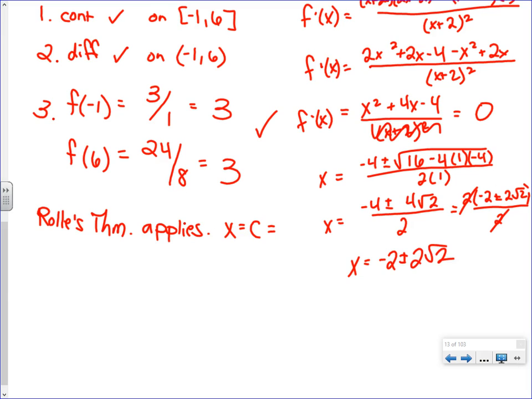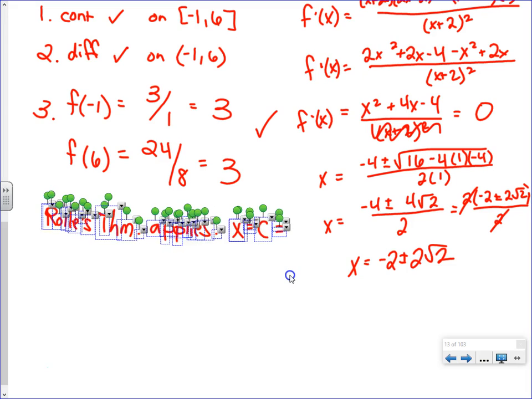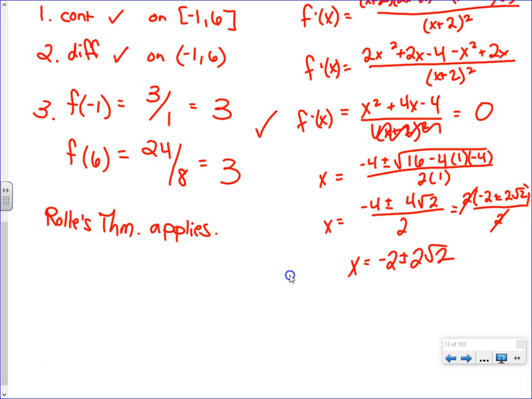Box it. Is that my answer? Remember, I was looking for x equals c such that the derivative equals 0. Oh, stink. What's root 2? What's 2 root 2? Any ideas?